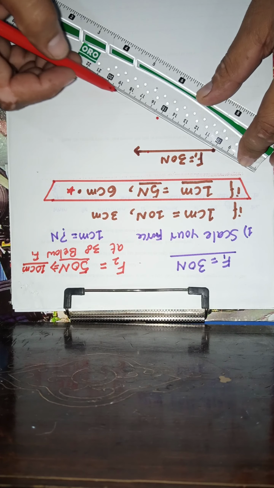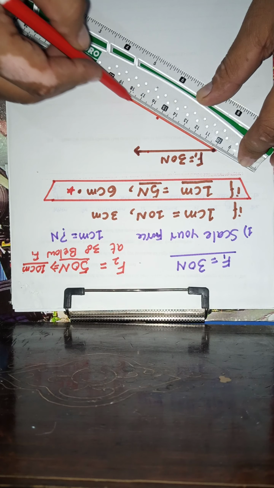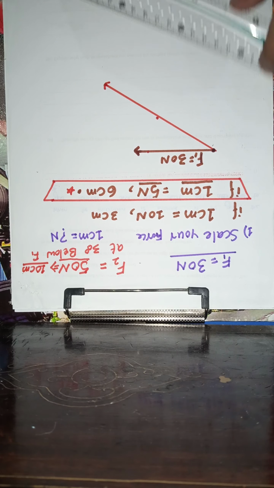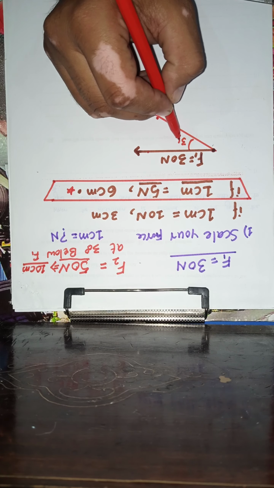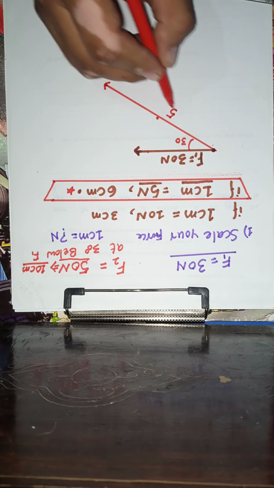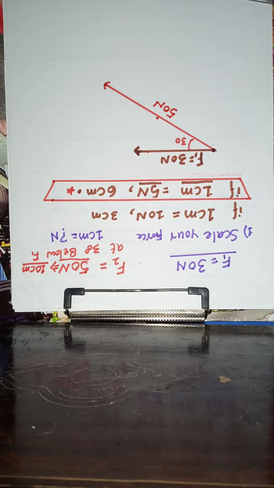It is starting from 10, which means it would end at 20. So this is a 10 centimeter long line, or vector, which is 30 degrees below this, and this is representing your 50 newton force. Got it?